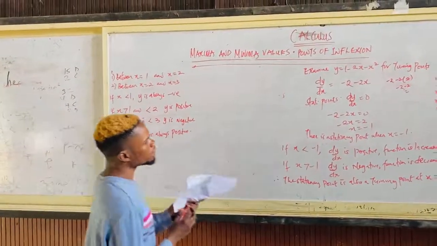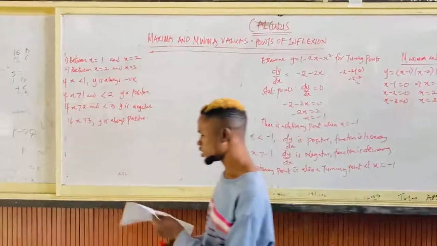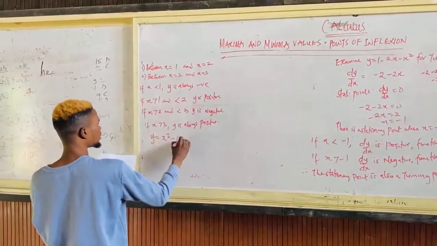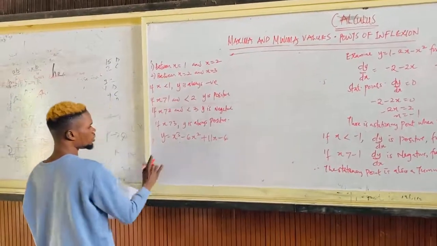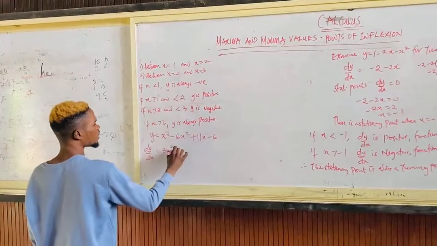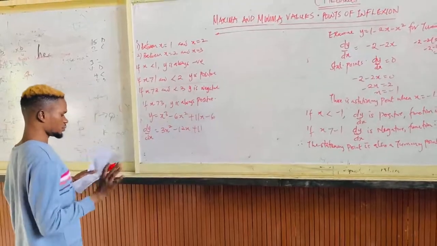So if we multiply the functions, x minus 1, x minus 2, x minus 3, we have y is equal to x cubed minus 6x squared plus 11x minus 6. So if we find the derivative coefficient of the function, we get 3x squared minus 12x plus 11. Now for the stationary points, dy/dx is taken as 0.